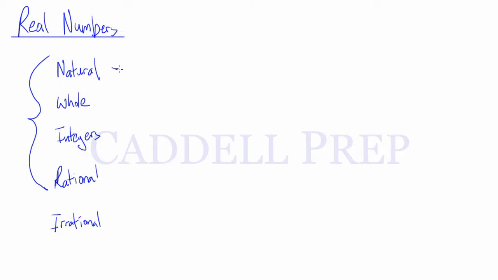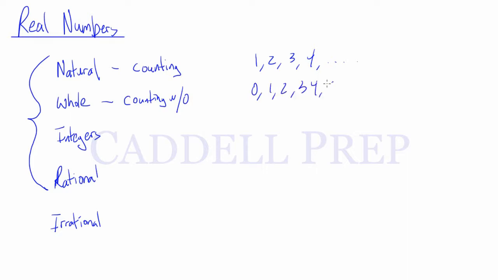So, natural numbers, these are like counting numbers. So, starting with 1, 2, 3, 4, etc. Whole numbers are counting numbers, but we include 0. So 0, 1, 2, 3, 4, and just continue to count.